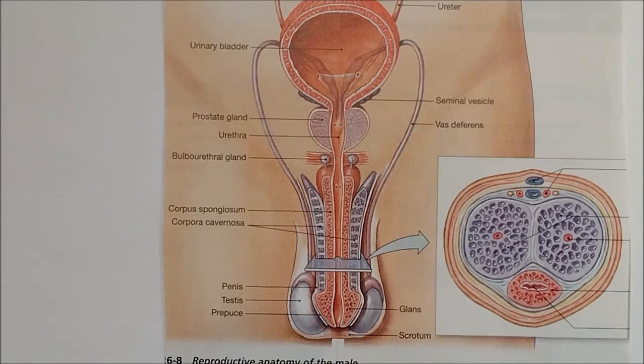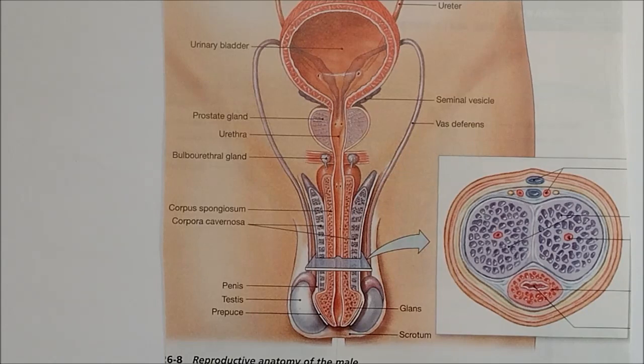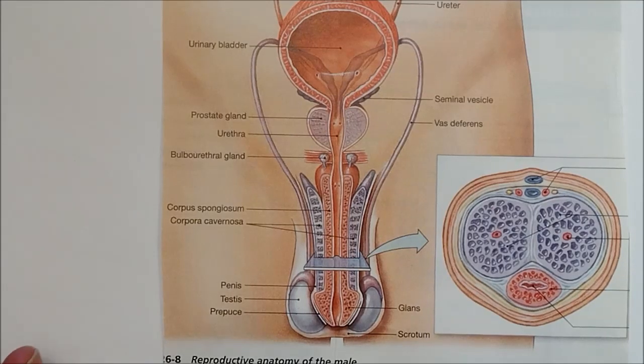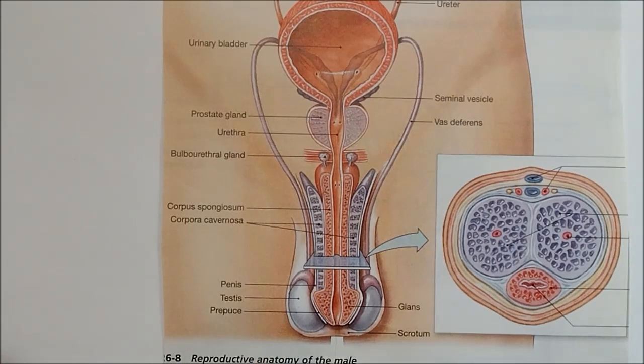But he wants to be able to have sex with his wife and not always grab a condom. So what he can do is have a simple operation. It's called a vasectomy. The man will go into a doctor's office, it doesn't have to be a hospital. He will lie down, and the doctor performs a very simple operation. It takes about 10 minutes.